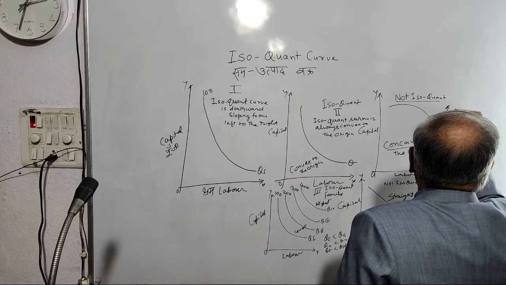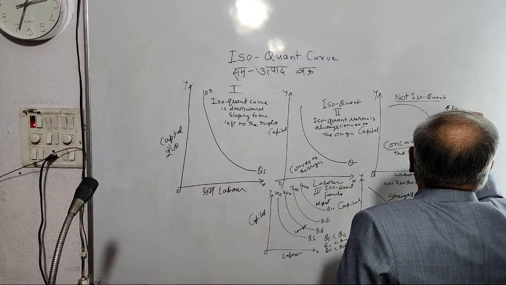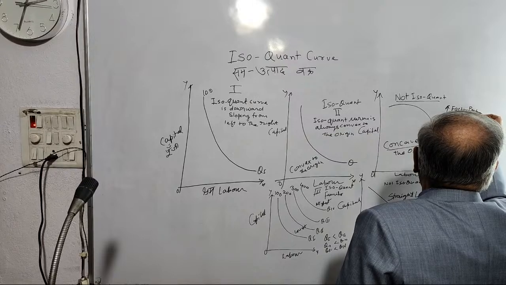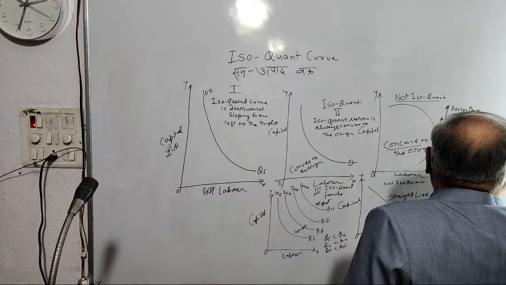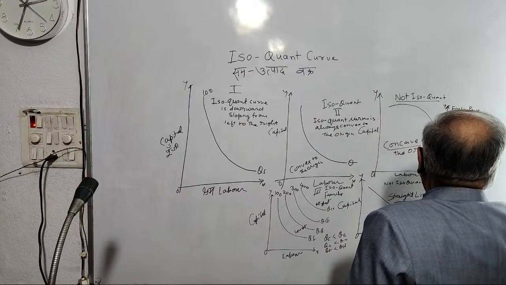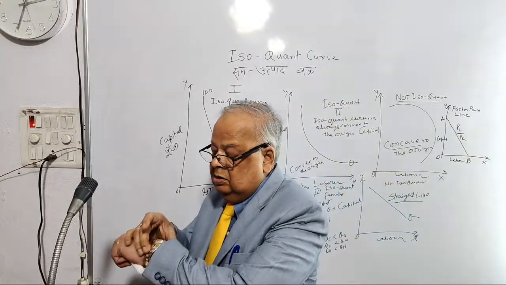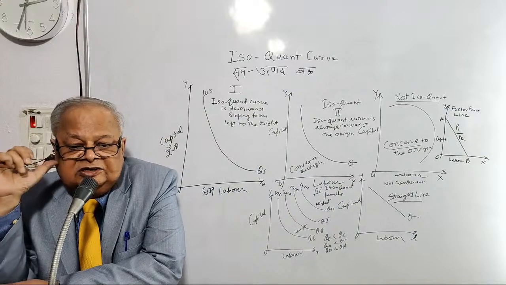What is this? Factor price line. This is known as factor price line.